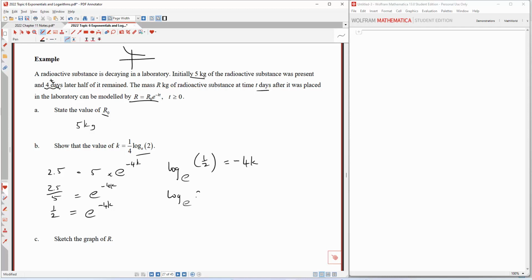Log e 2 to the negative 1 equals negative 4k. That negative 1's going to go out the front. Negative log e 2 equals negative 4k. Now we're going to divide both sides by 4, and since that's a 1 out the front of the log, it's going to be k equals a quarter log e 2 as required.